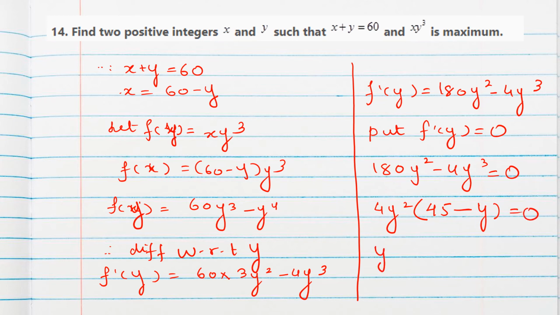So y will be 0 or y equal to 45. Now y equal to 0 we won't take. Why? Because here we need two positive integers, and 0 is treated as neither positive nor negative. So we got only one critical point here. Therefore y equal to 45 is the only critical point.